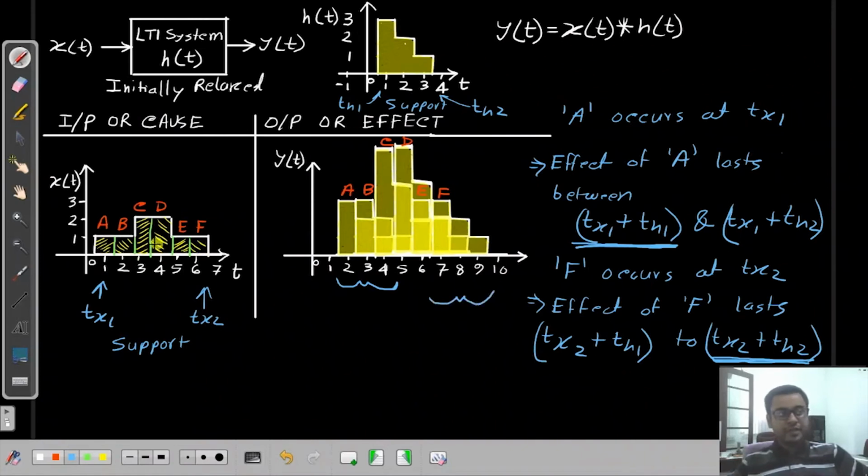Effect of any middle part will be somewhere here. This is tx1 plus th1 and this point is tx2 plus th2.